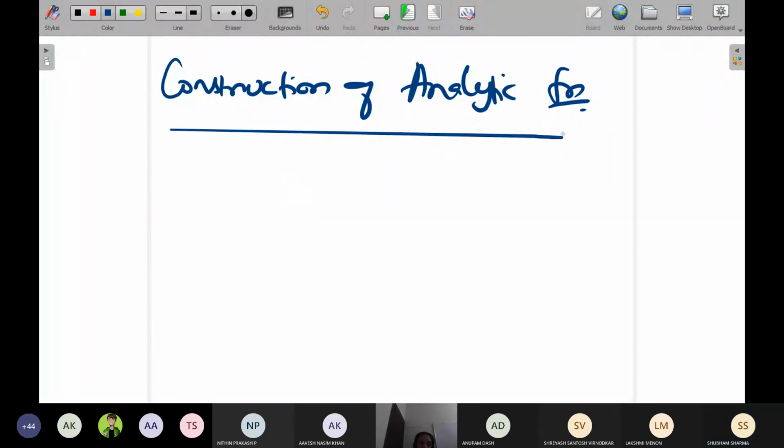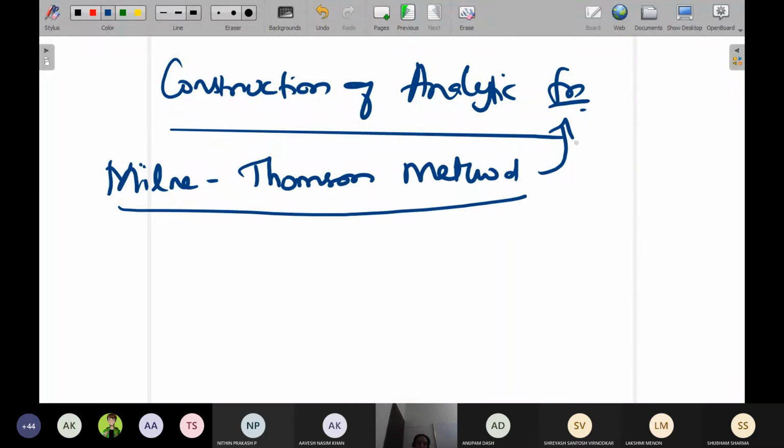So construction of analytic function. In that, first we are going to use Milne-Thomson method. This is the method we are going to use to construct the analytic function, to find f of z. What is f of z? f of z is your analytic function.